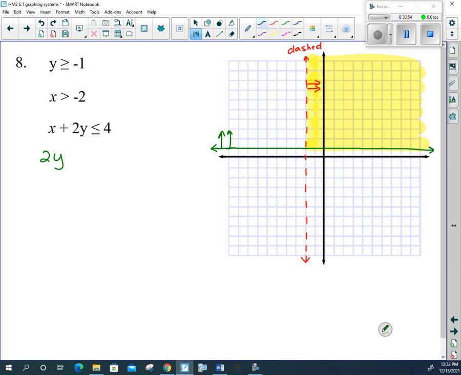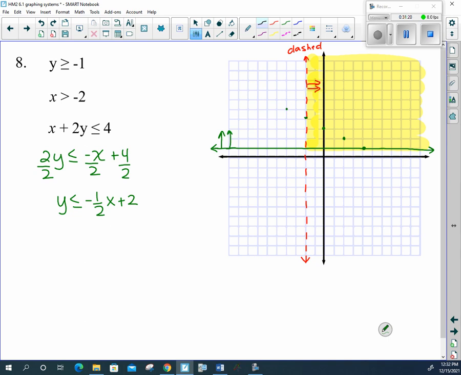So 2y, I'm going to subtract my x plus 4. Divide by 2. So y is less than or equal to -1/2 x plus 2. So I'm going to come up here to 2. And then I'm going to go down 1 to the right 2, down 1 to the right 2, up 1, left 2, up 1, left 2.